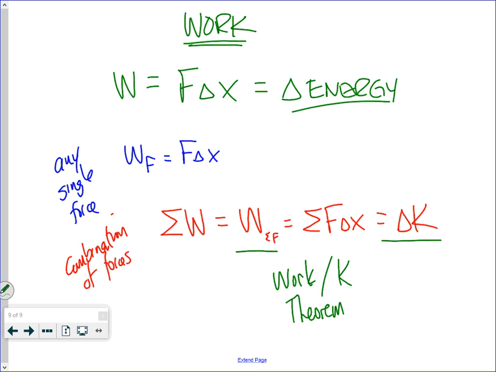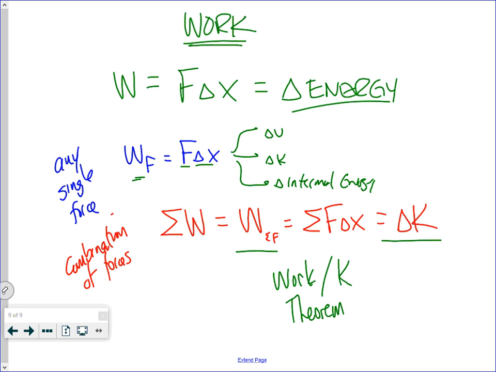All right, a single force that acts through some displacement, well, take that product, that's the work done. And that's got to change some sort of energy. Are we lifting something up? Well, maybe that's equal to delta U. Maybe it's equal to delta K. Maybe it's equal to delta internal energy. Sometimes we call that delta Q. Yeah, delta U, really.